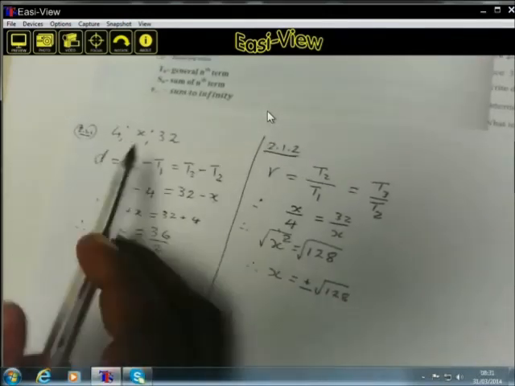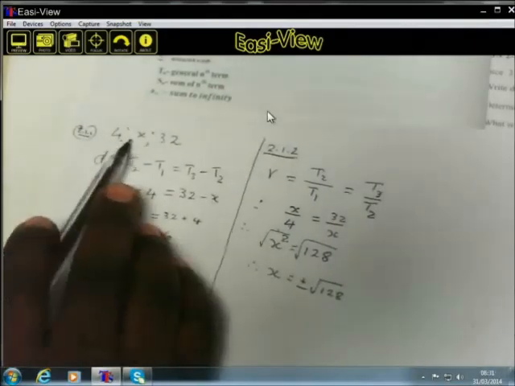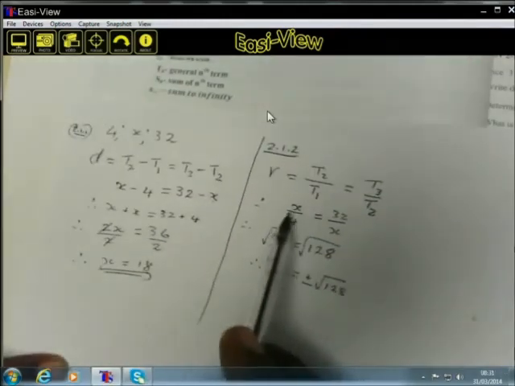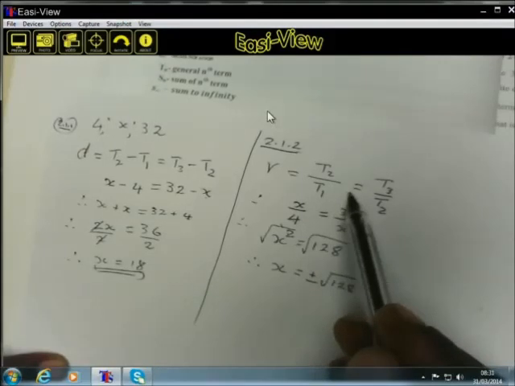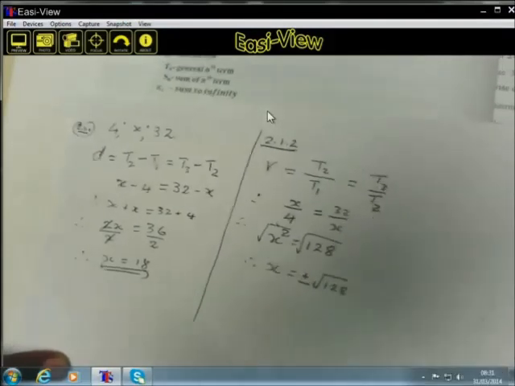So if you are not given a sequence as clear as the ones that we normally work with, where you will have to calculate the value of the variable, then you can use that fact to say, because the sequence is geometric, T2 divided by T1 must be the same as T3 divided by T2. So that is the first example that I wanted us to look at.